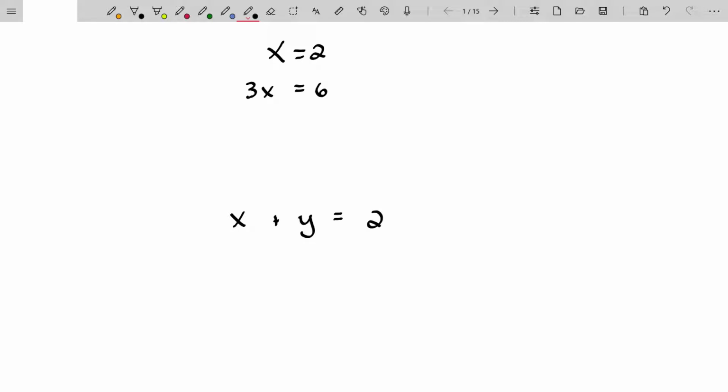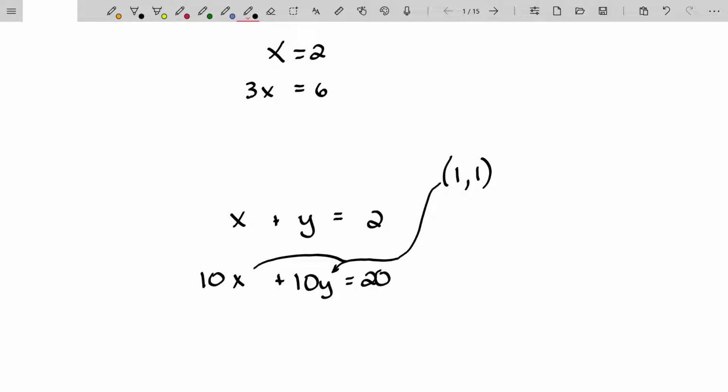Now we know one solution of that is 1 comma 1. Now let's multiply both sides of this equation by, let's say, 10. 10x plus 10y is equal to 20. Does 1 comma 1 solve this equation as well? And the answer to that is definitely yes.